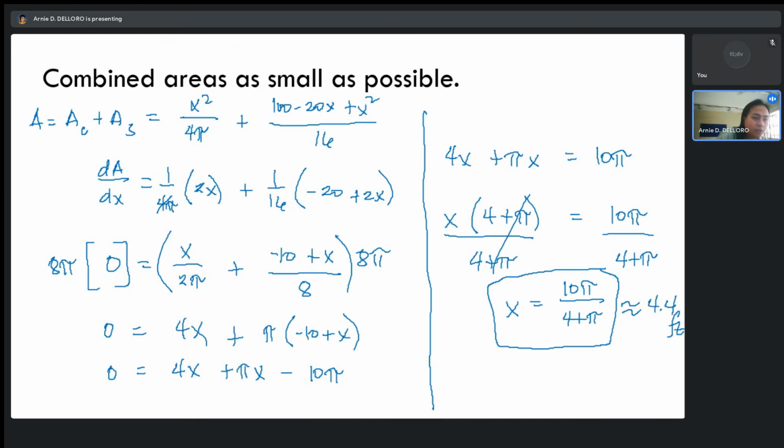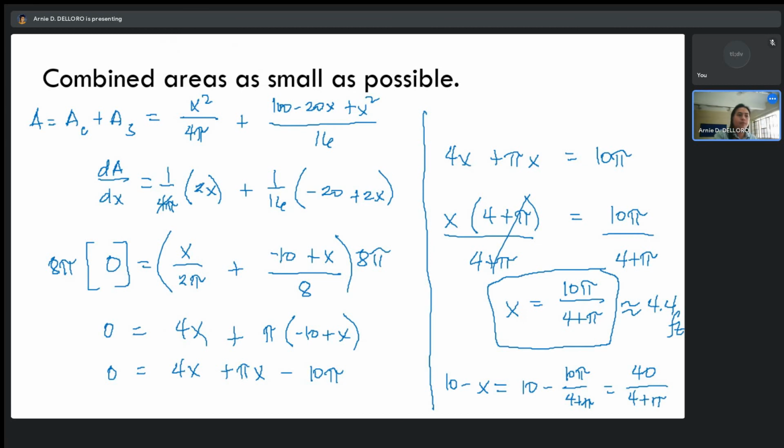Sa square, all we have to do is to substitute the value of x doon sa 10 minus x. So this will give us 10 minus 10 pi over 4 plus pi, which is 40 over 4 plus pi.